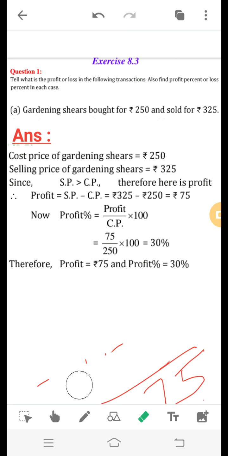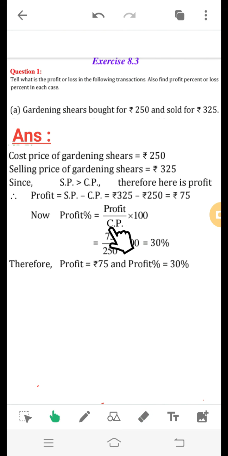Now, how to find the profit in percentage form? So apply that formula. Profit divided by cost price, then multiplied by 100. Here profit is 75, cost price 250, then multiplied by 100.